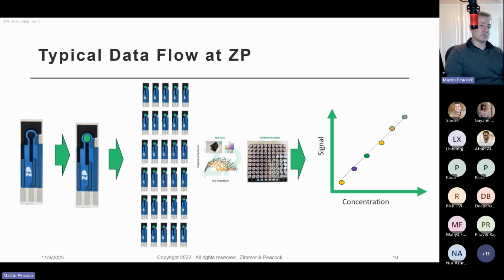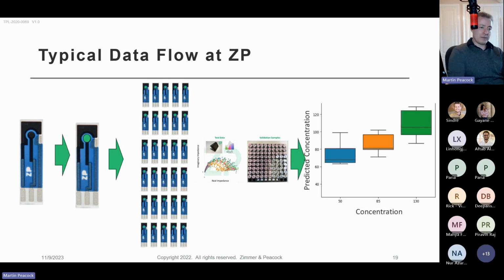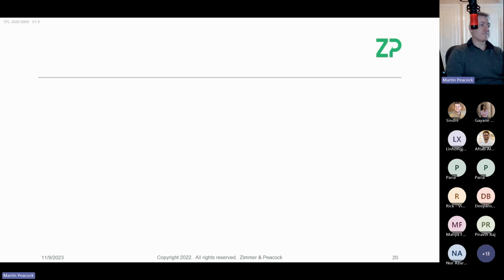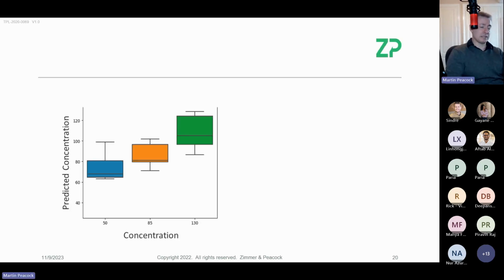And I showed it here just as a simple linear regression, where we'll have a signal versus concentration. But in reality, what we're really trying to do is get an idea of the spread of signal for each concentration. So here I'm showing it as a box and whisker plot. We really quite like this. I mean, this has really come from our engineers.